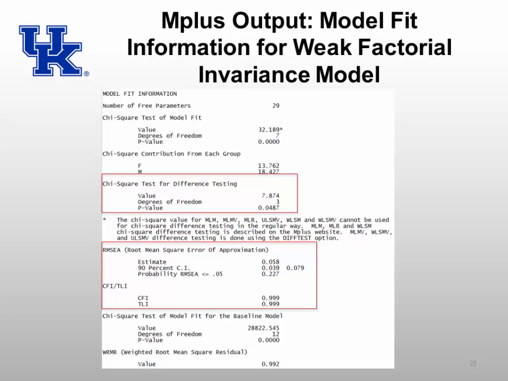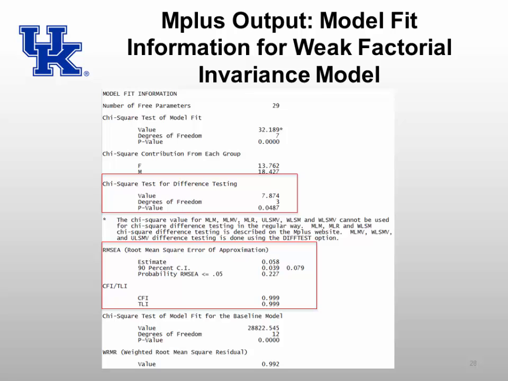Here is the result we are looking at. We look at the chi-square difference test first. Using the 0.05 alpha level, we found that the model fit became significantly worse than the configural model. Then we look at the RMSEA. Now the RMSEA value is 0.058, the CFI is 0.999, and TLI is 0.999 as well.